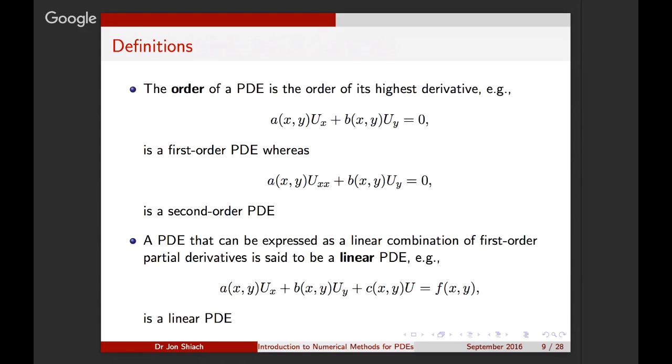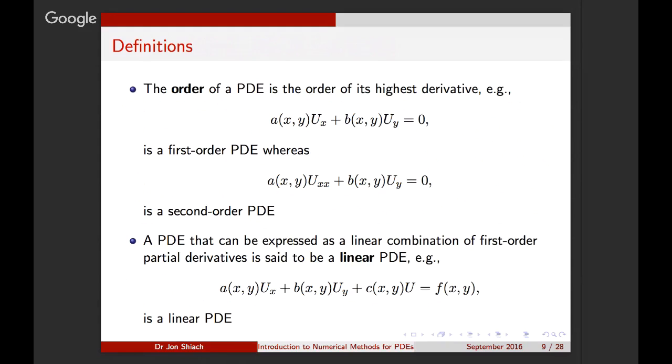That's the function u, first order derivative with respect to x, and here we've got the function u, first order derivative with respect to y. So that's known as a first order partial differential equation. Here, I just did a copy and paste and stuck another x on the bottom, so this now becomes a second order derivative. That's what we refer to as a second order PDE.